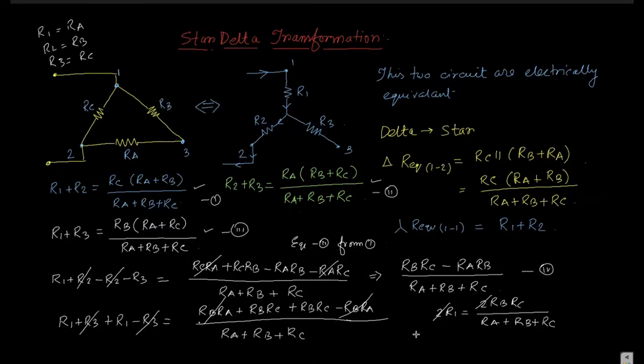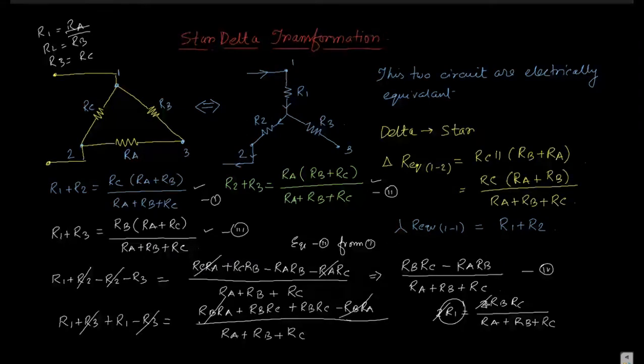Like this you can do it. So when R1 is calculated, you see that R1 is equivalent to RA. In the numerator there is the absence of RA. This is the trick for how you keep this expression in your mind. When you find R1 by converting delta to star, in the numerator of that transformation you cannot get RA.